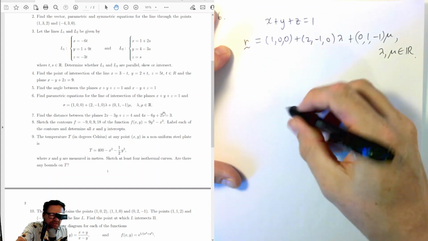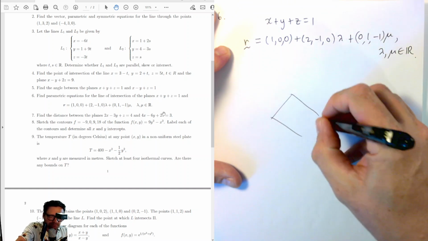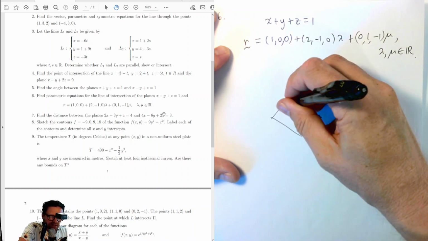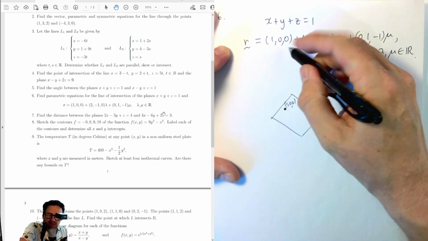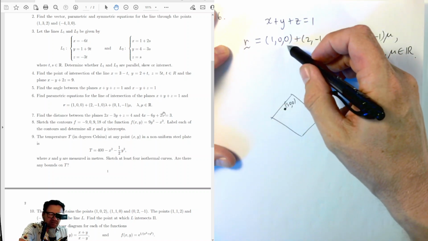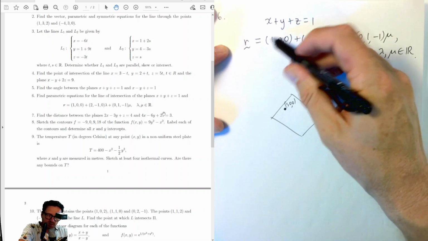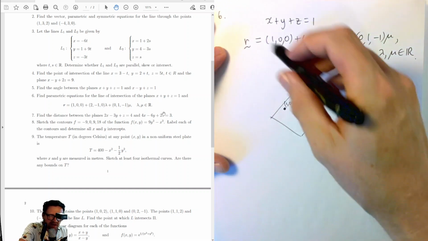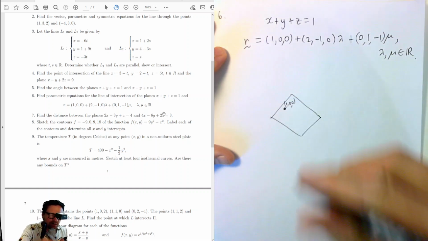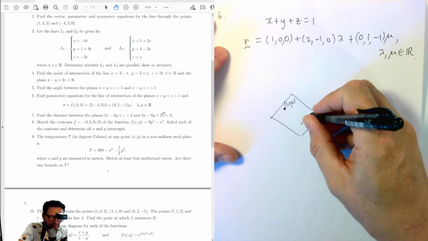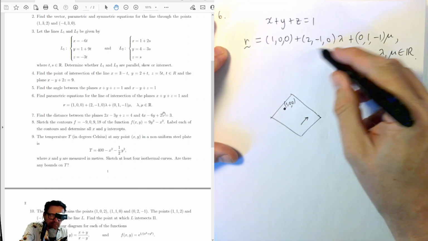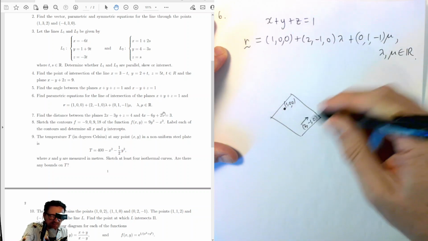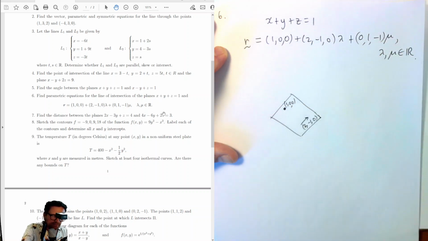So suppose we have a plane. It has a point, say 1, 0, 0 on it. Now think of this as a point. It's really a vector, but it's a vector from the origin to the point 1, 0, 0, which also describes a point. Then we have a vector, namely this vector 2, minus 1, 0, which is parallel to the plane.